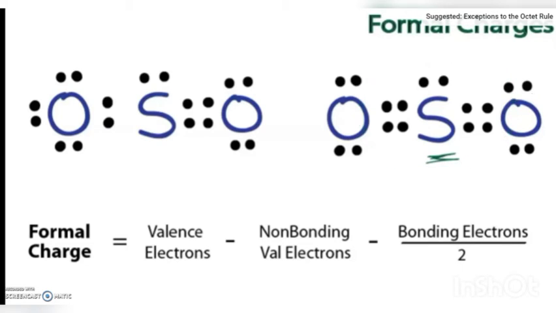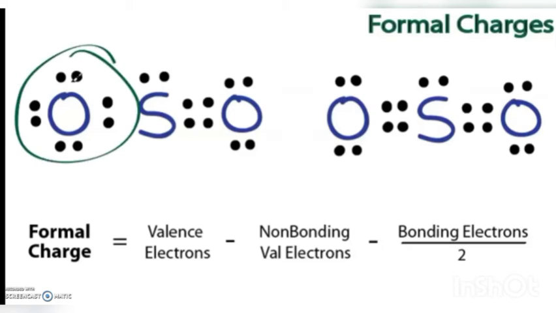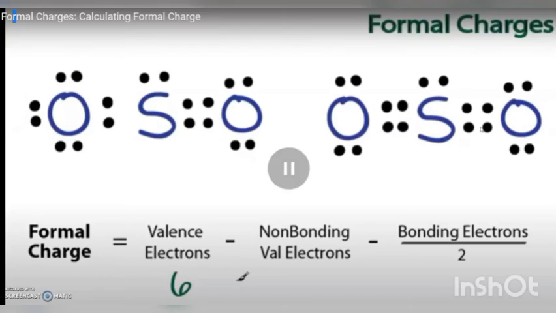In the first sulfur dioxide structure, we first take the oxygen. The number of valence electrons of oxygen in a free state is 6. How many non-bonding electrons are there?